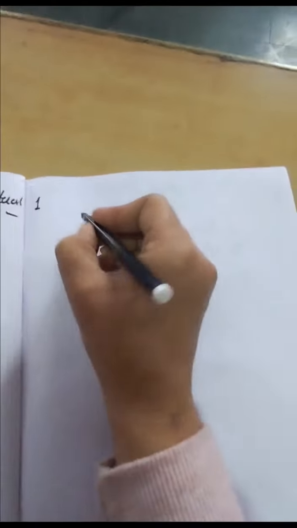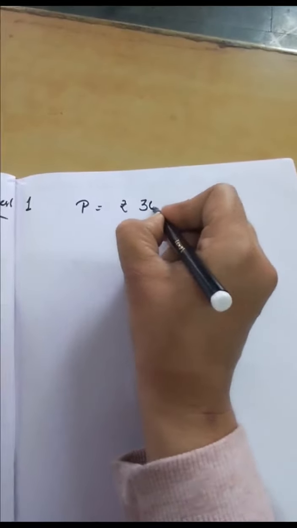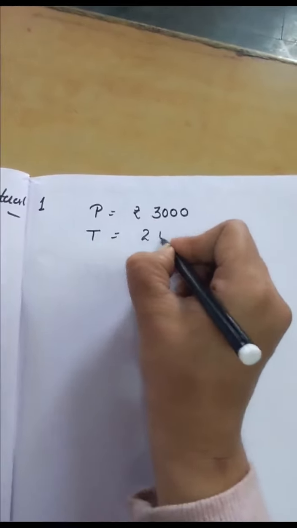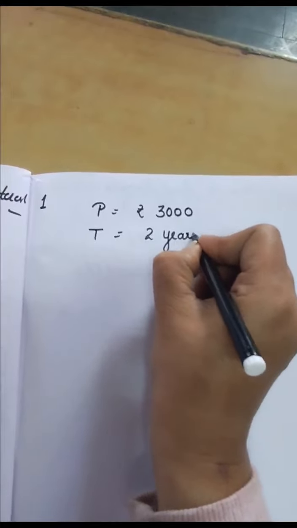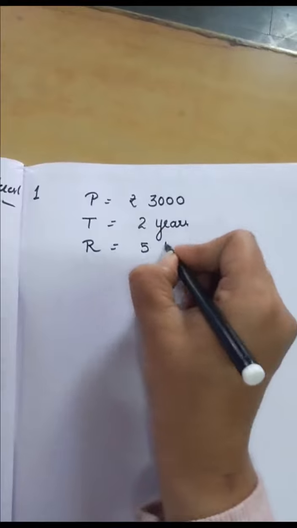So here our principal is rupees 3000, because this is the amount Vaibhav deposited in the bank. Time is 2 years, and rate of interest is 5%.